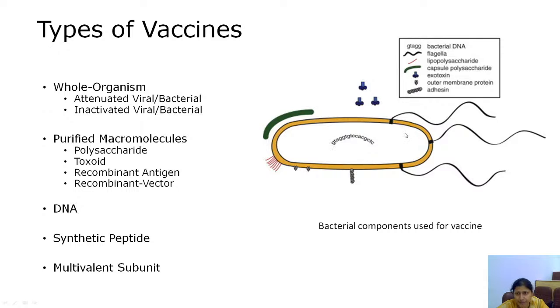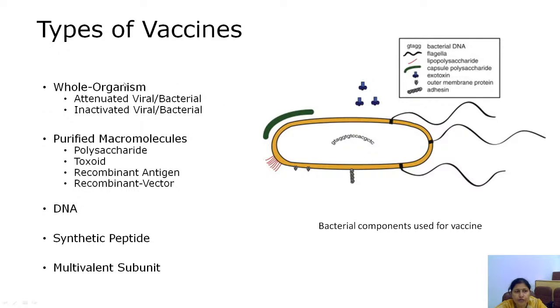There is DNA, and they release some toxins. Overall, if someone asks you what the components of a bacterium are, these are they, and from these components various targets are decided which can be utilized for a vaccine for that particular organism.